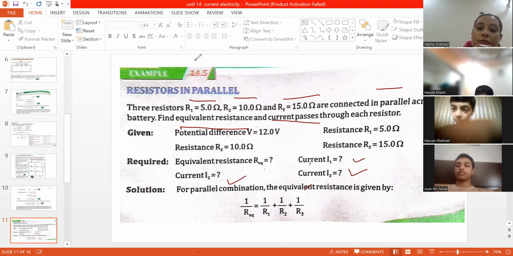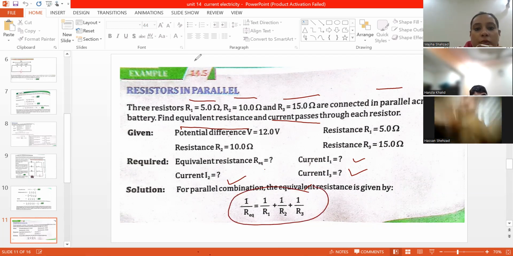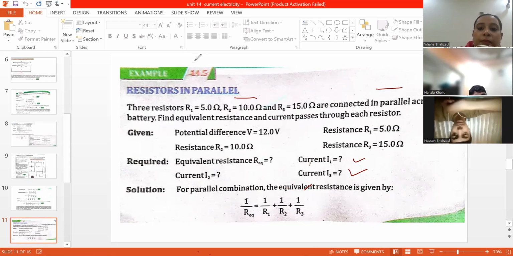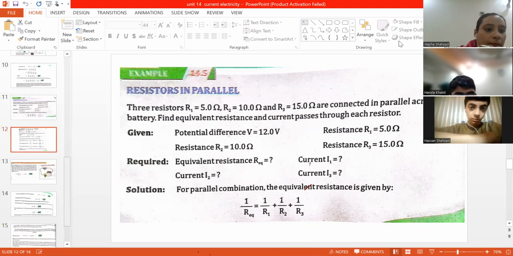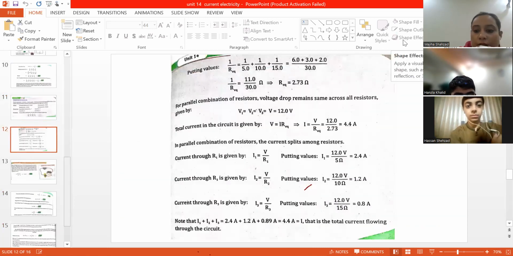In parallel combination, the formula is 1 by R equals 1 by R1 plus 1 by R2 plus 1 by R3. What we have to do is put all the values in this equation, and we will get the equation like this.